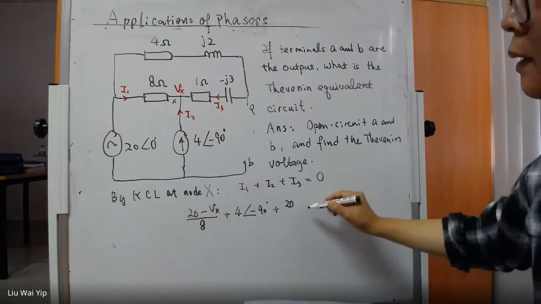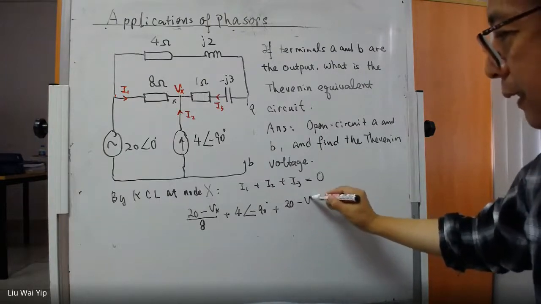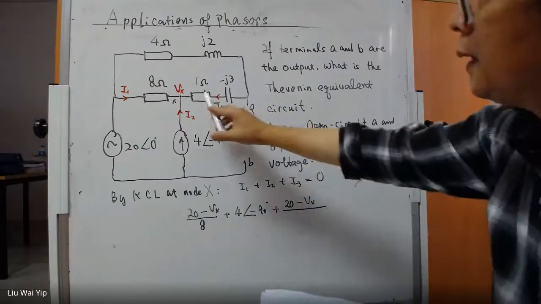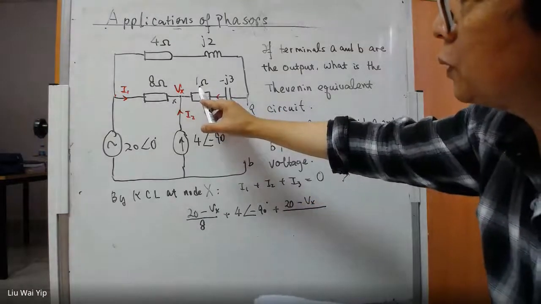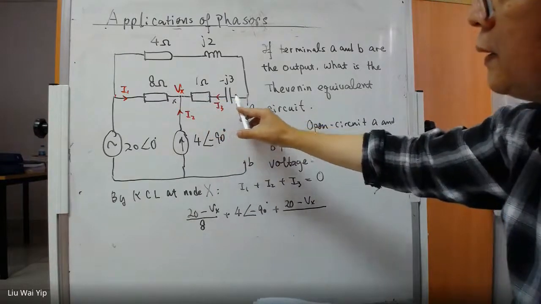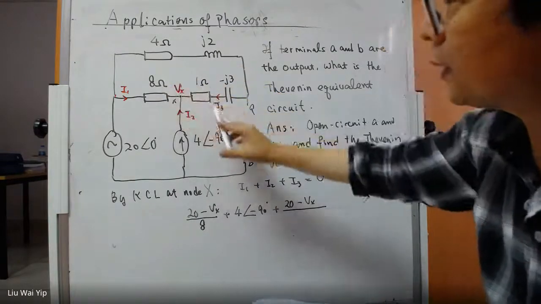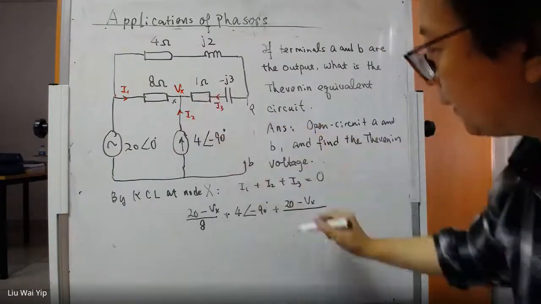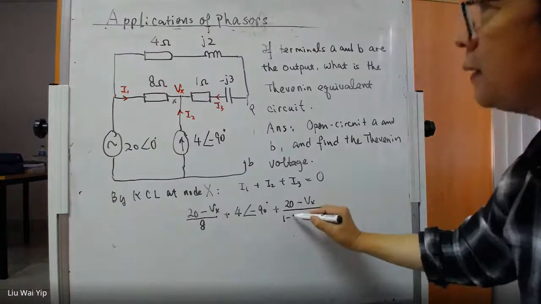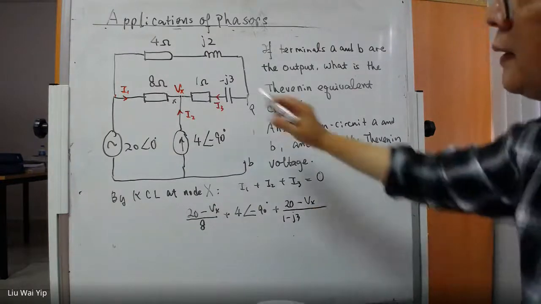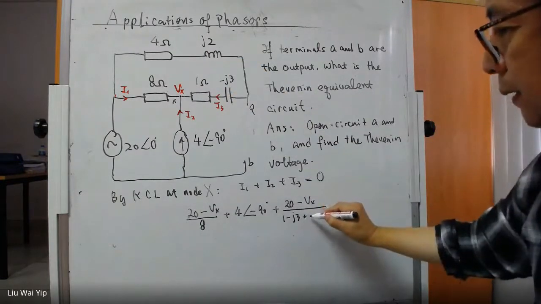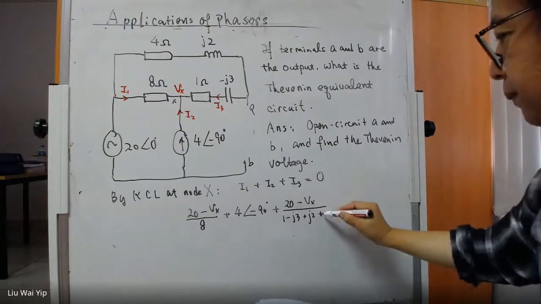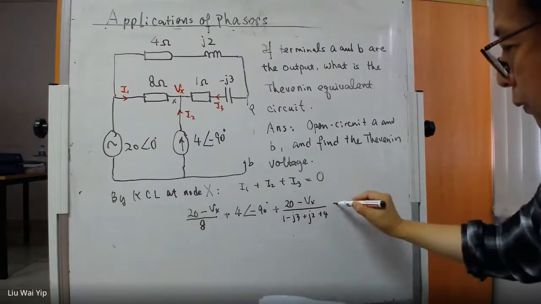So why don't we do this: 20 minus Vx again, but this time divided by the total impedance around this pathway. The total impedance here is 1 minus 3j, plus 2j, plus 4, and the total current is going to be 0.